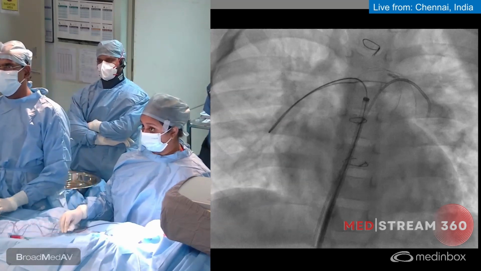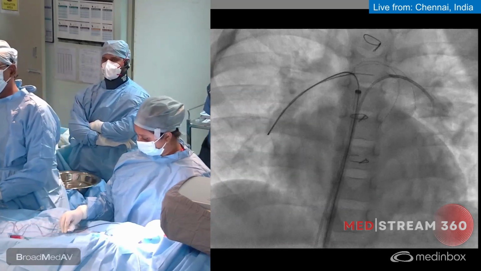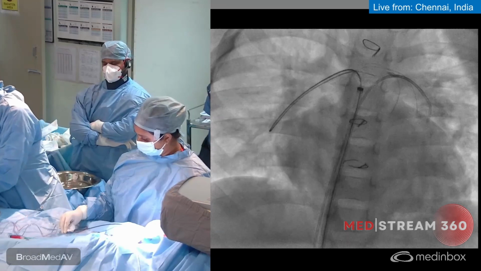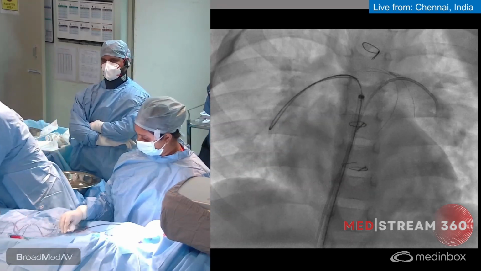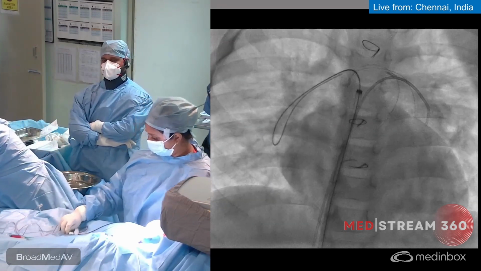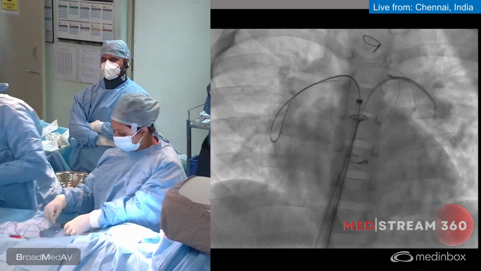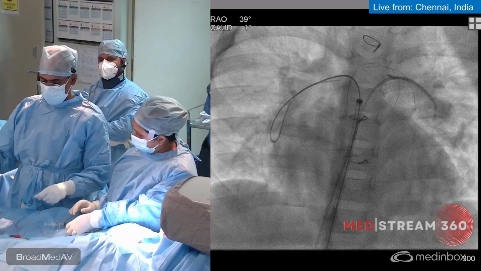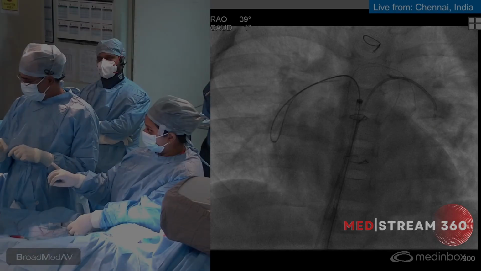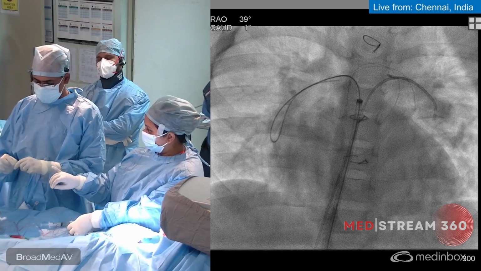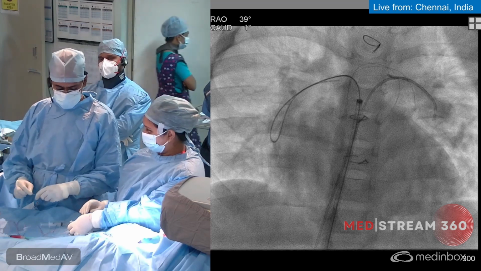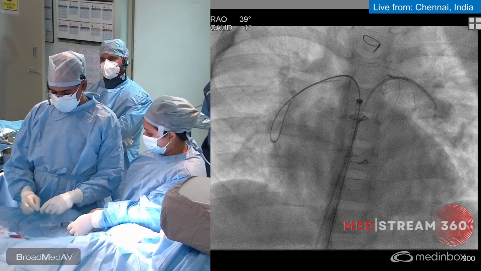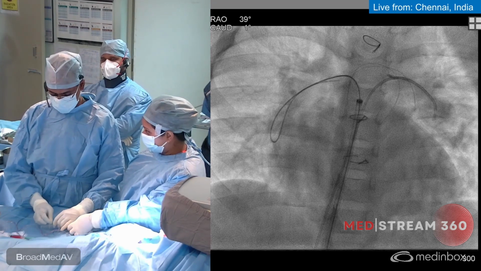I want the right coronary artery catheter next. Basically an end hole diagnostic catheter to go deeper into the right pulmonary artery. I have gone with the 4 French Judkins right coronary catheter.